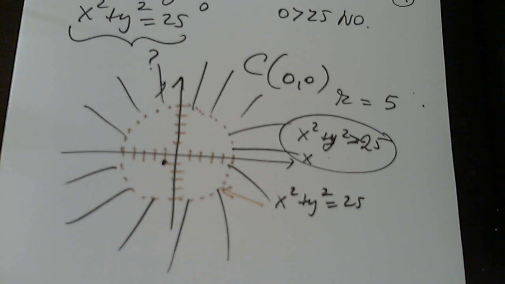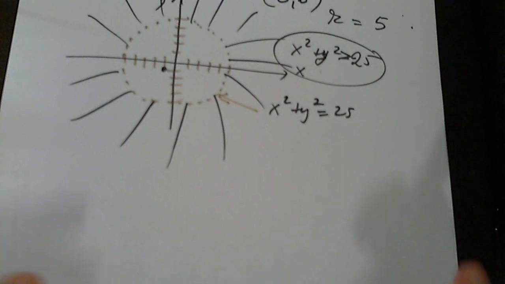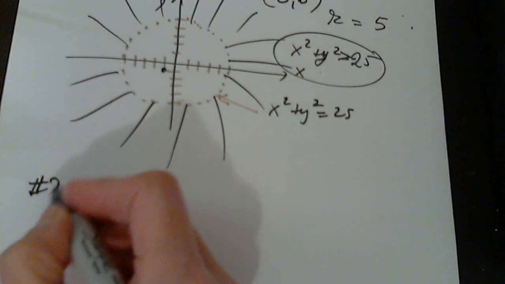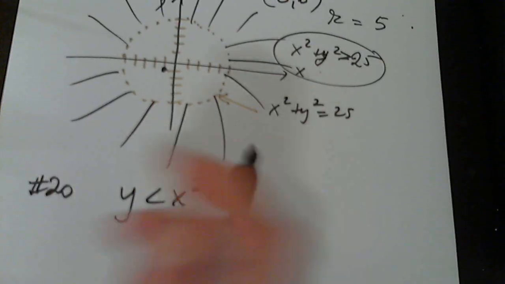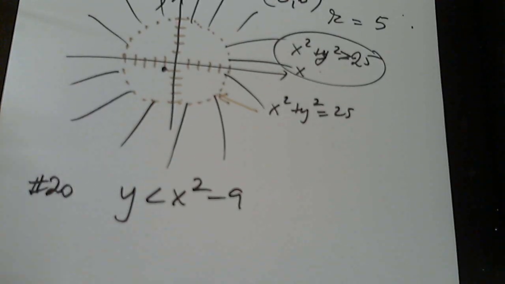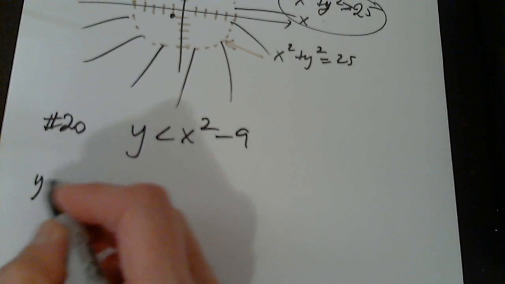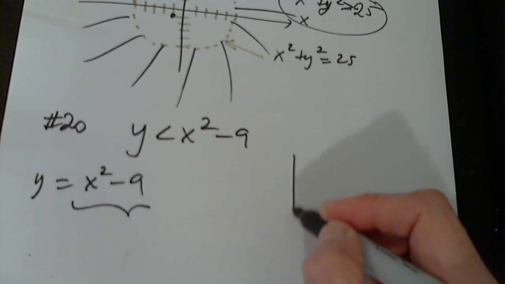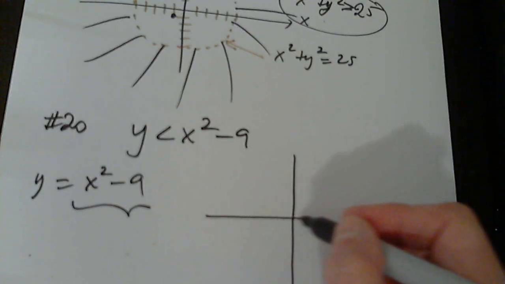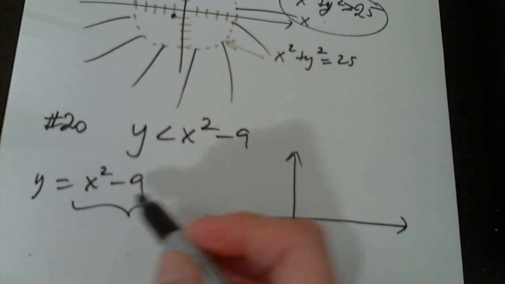Okay, it's my turn to pick. So I will pick 20. In 20 we have y less than x squared minus 9. The equation y equals x squared minus 9. What graph is this? What function is it?